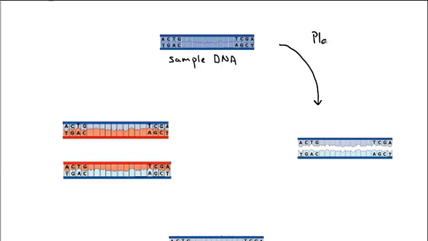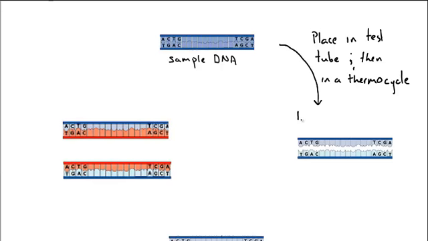So you place it in a test tube, which is going to have some components in it that we'll talk about. And then in a thermocycler. Thermo for temperature, cycle, well, it's able to switch between various temperatures.